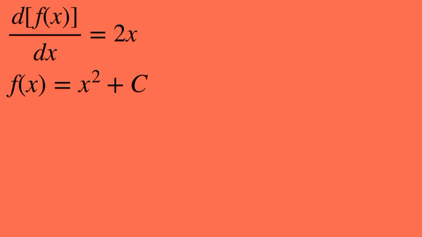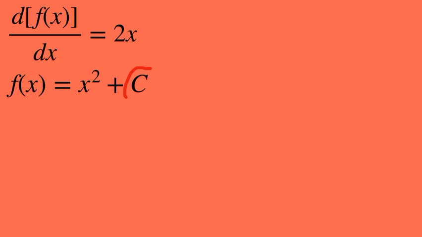Now why it's plus c, or c is a constant, is because by the addition rule, it's f prime of x plus g prime of x for the derivative of f of x plus g of x, right?